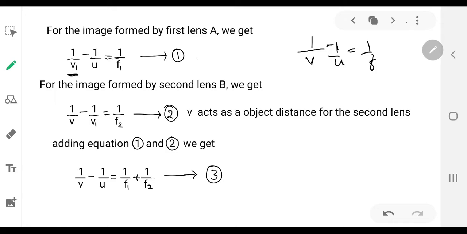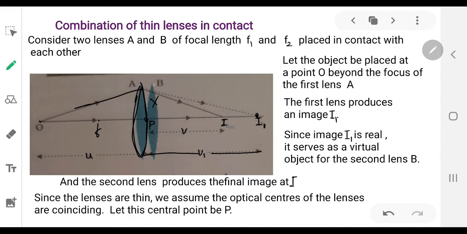Now we'll apply the same thin lens formula for refraction at the second lens, image formed by the second lens. Again 1 upon image distance. Now which is the image? This ray refracted by the first lens acts as the incident ray for the second lens, and then it produces the final image at I. So this ray which has been refracted by the first lens is responsible for the point I dash.